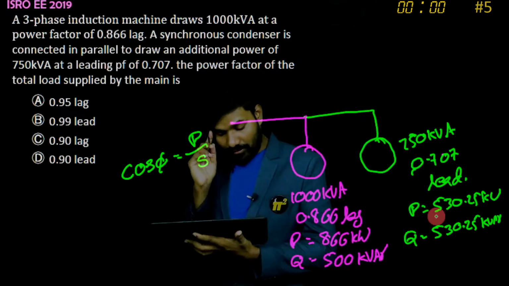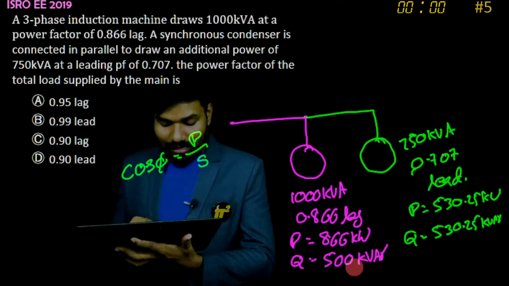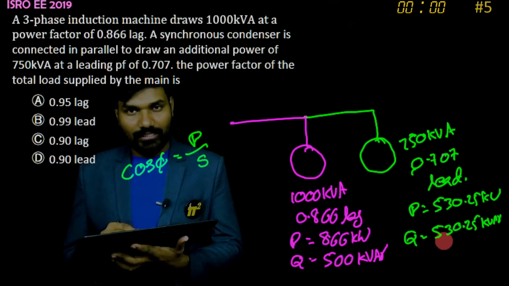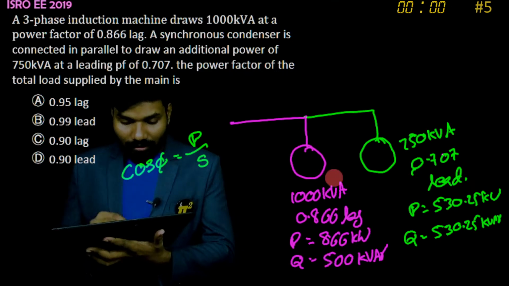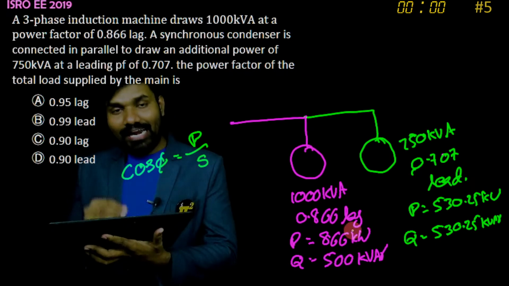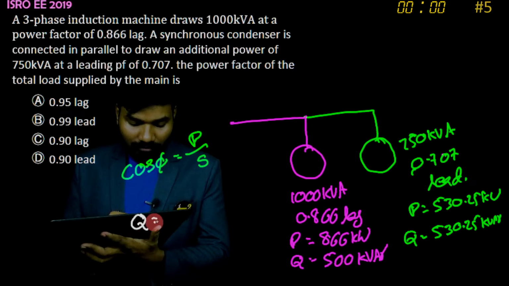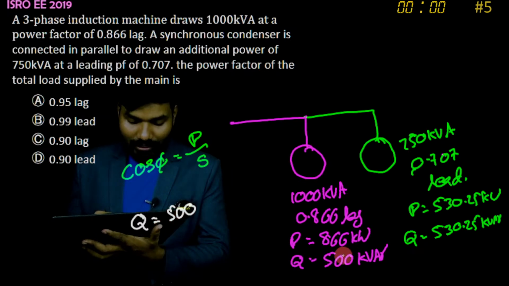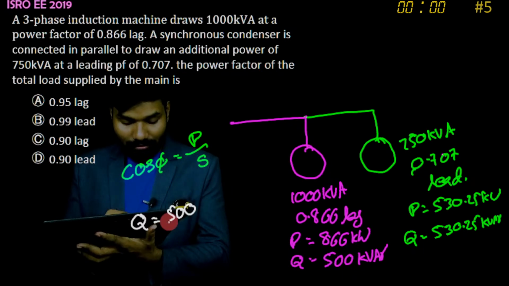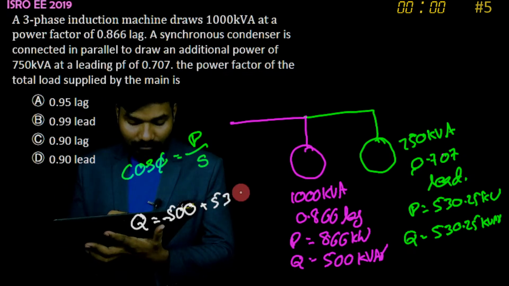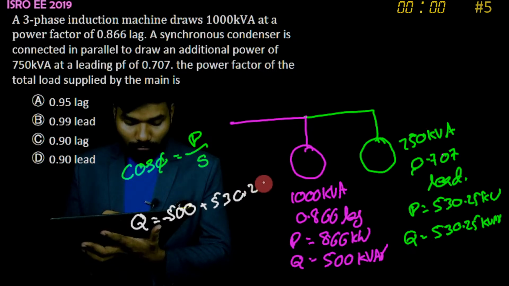Now see, this is lagging, this is leading. Let's talk about the net reactive power. Q is equal to 500, which is minus, and this will be plus, because lagging is minus, leading is plus: 530.25.